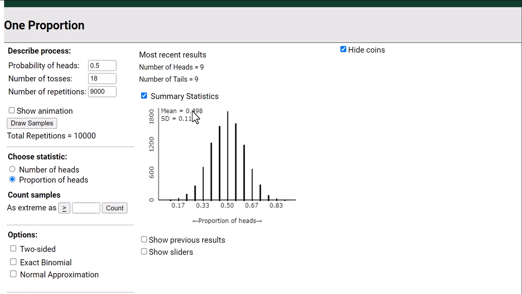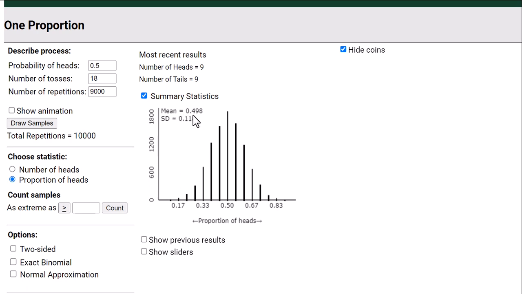We're generating 10,000 replications of that survey, like you going to 18 different students 10,000 times versus me going to a different set of 18 students 10,000 times. So our results are going to be slightly different, but they should still be really close because the number of repetitions is so high.